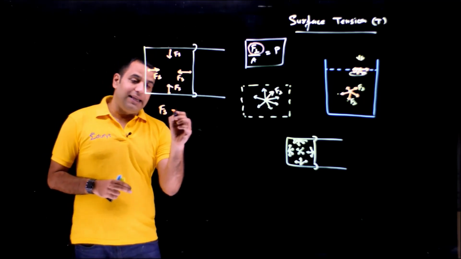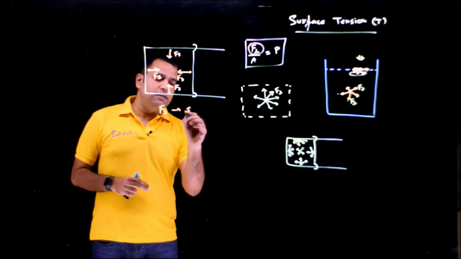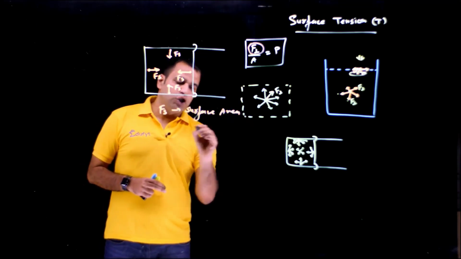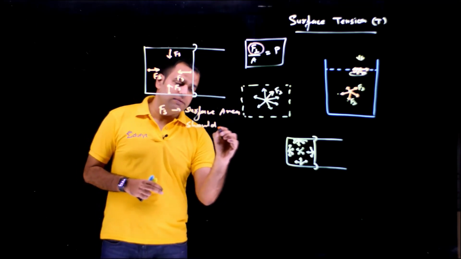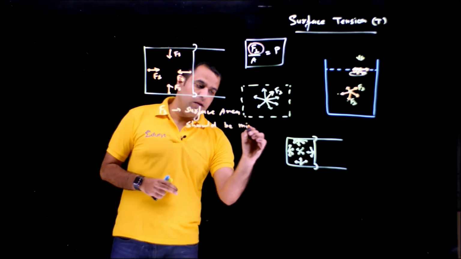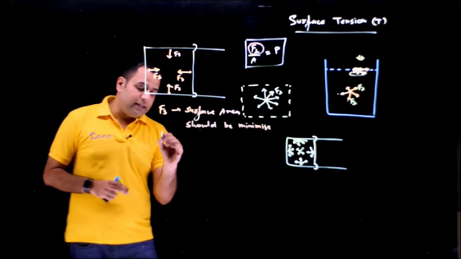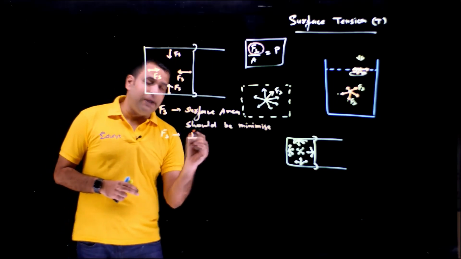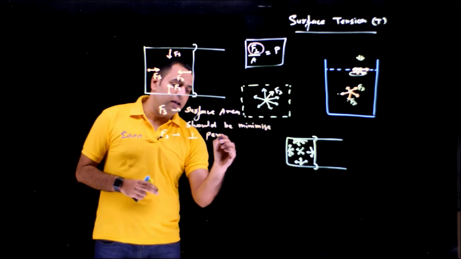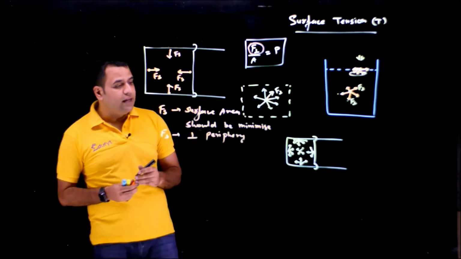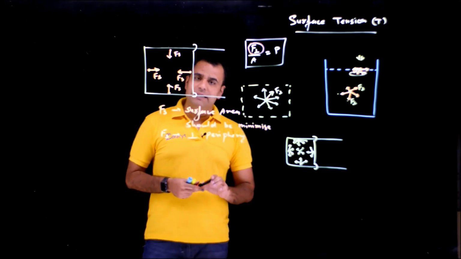Fs acts in such a manner that the surface area should be minimized. And these Fs are always perpendicular to the periphery. They are always perpendicular to the periphery, and they'll always try to minimize the surface area.